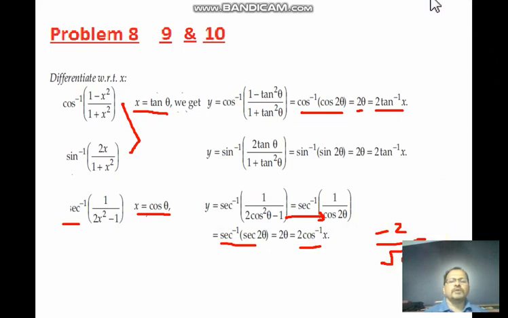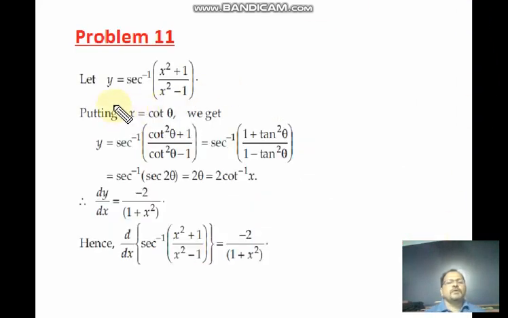For the next problem, y equal to sec inverse of (x square plus 1 upon x square minus 1), the substitution used is x equal to cot theta. By putting x equal to cot theta, we get sec inverse of (cot square theta plus 1 upon cot square theta minus 1). Dividing numerator and denominator both by this cot square term, we get sec inverse of (1 plus tan square upon 1 minus tan square).